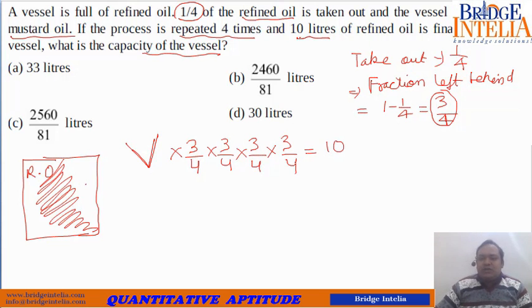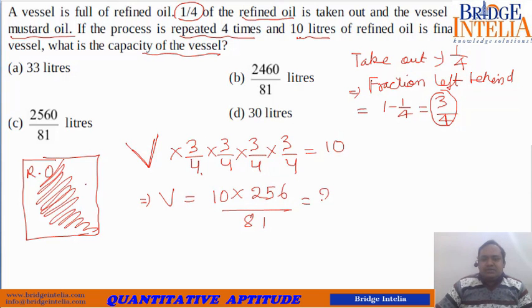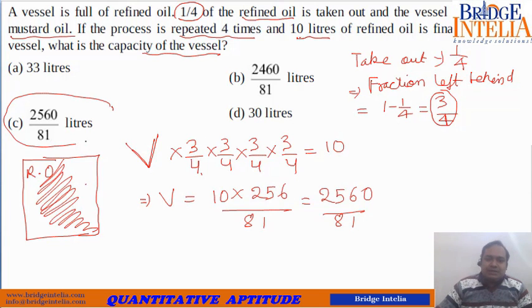So let's find the value of V. V is equal to 10 into 4 into 4 into 4 into 4 over 3 to the power 4. So 16 into 16 is 256, and 3 to the power 4 is 81. So this is 2560 by 81 liters. This is the final answer.